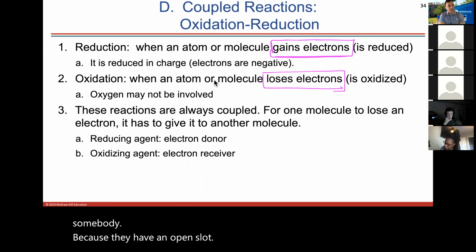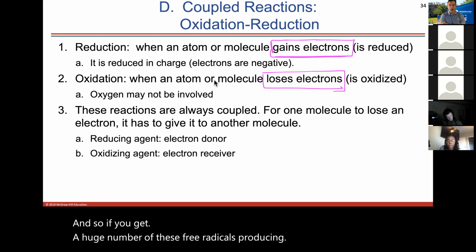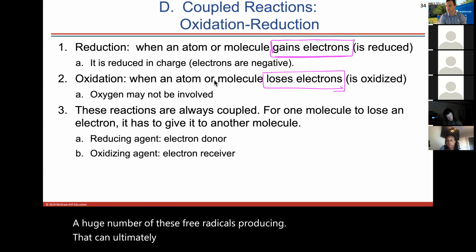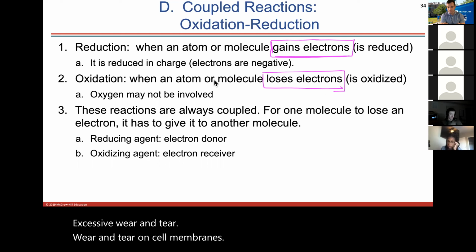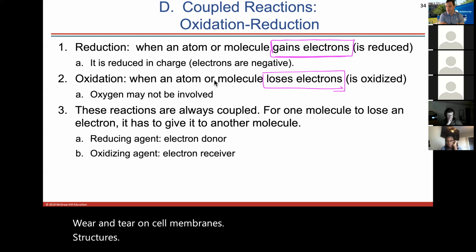And so if you get a huge number of these free radicals being produced, that can ultimately lead to excessive wear and tear on cell membranes, structures. And that's part of the aging process.